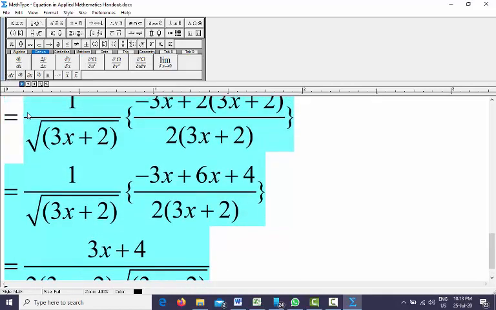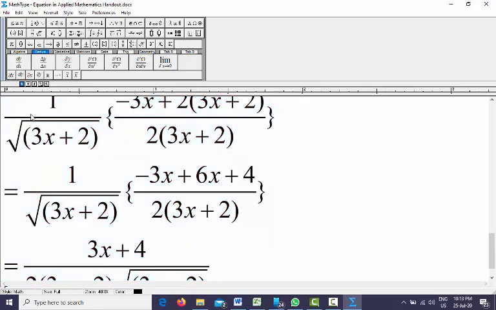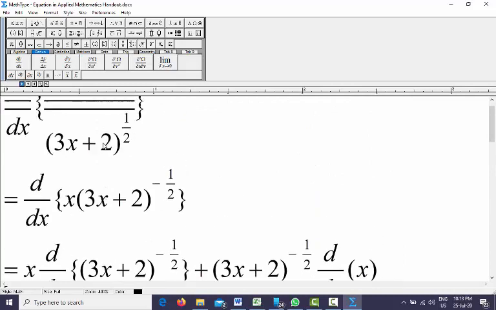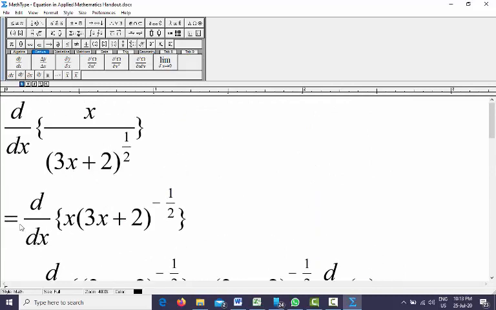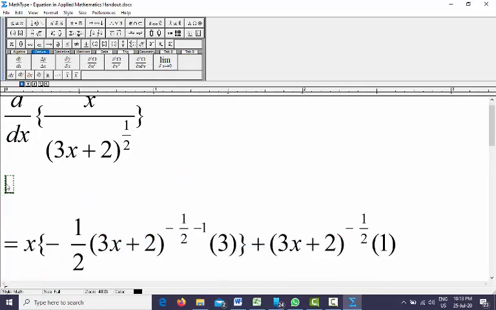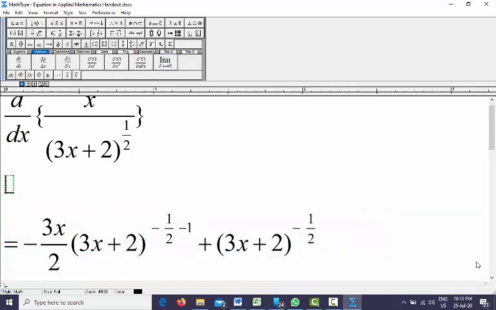Now if you want to apply the division rule of differentiation, how will you solve it? We should apply the division rule.